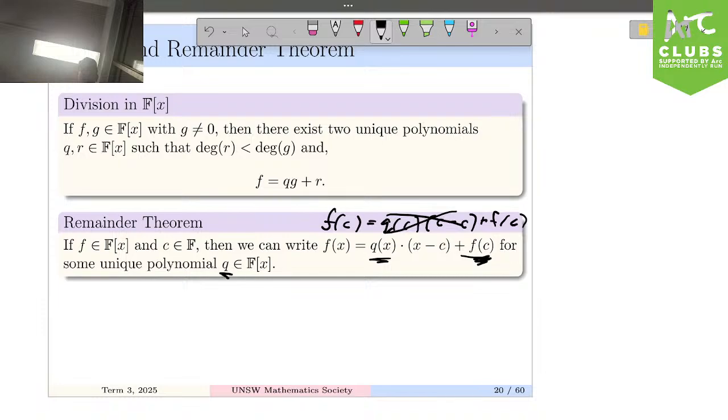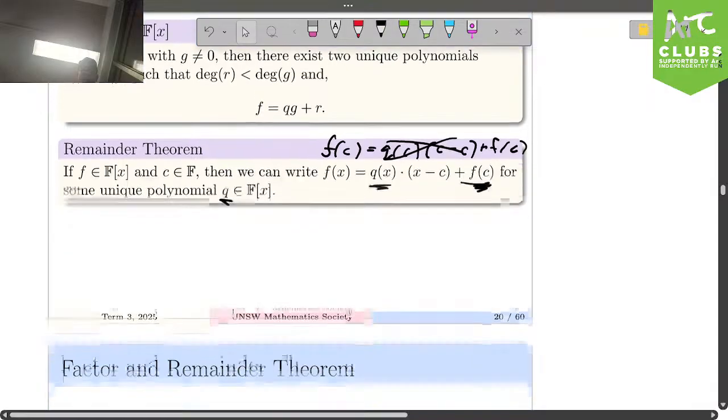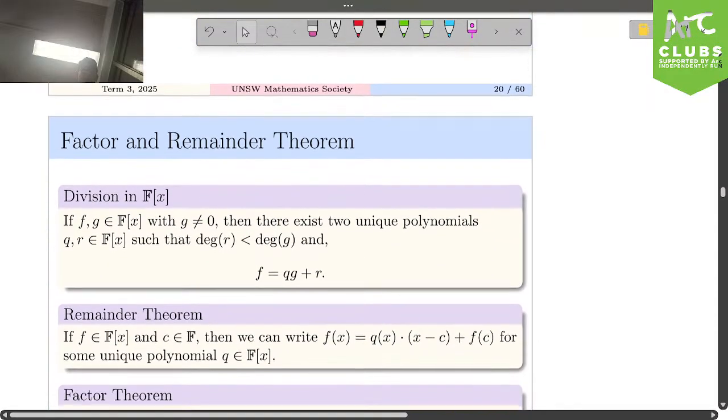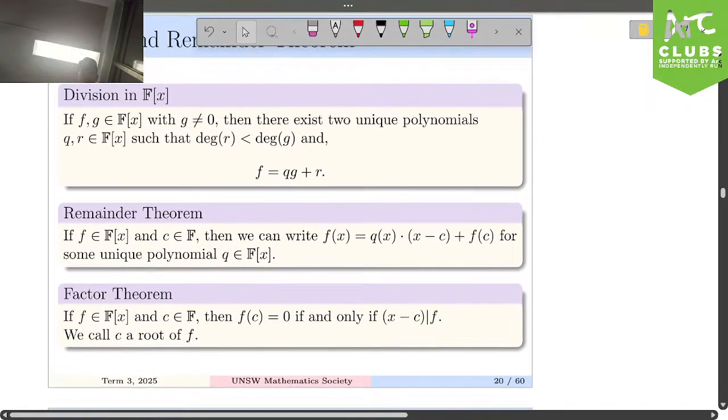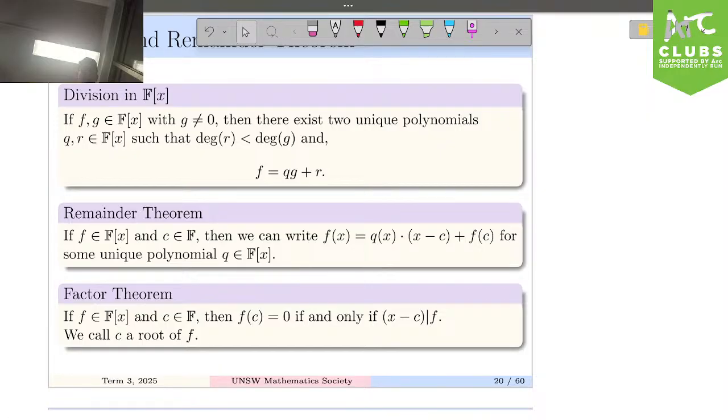So all we're saying is, hey, we can divide, right? Maybe you did this in high school, maybe you didn't. But really what we want is to retrieve this information from the remainder theorem. And this is the factor theorem.